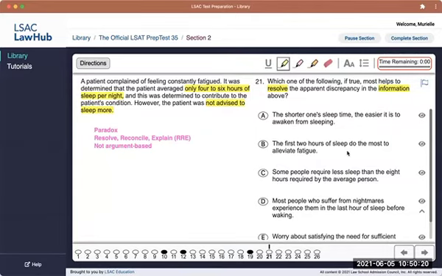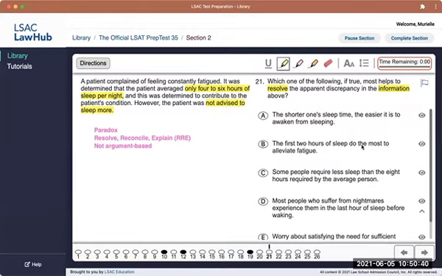B, the first 2 hours of sleep do the most to alleviate fatigue. So having extra hours of sleep isn't necessarily going to improve the fatigue. Okay, so maybe something there.